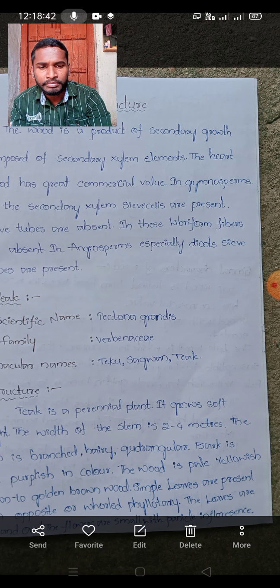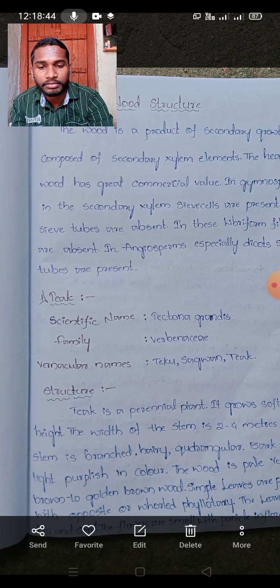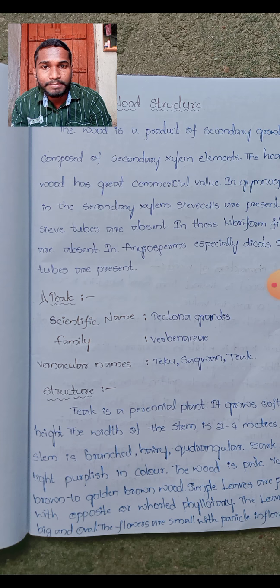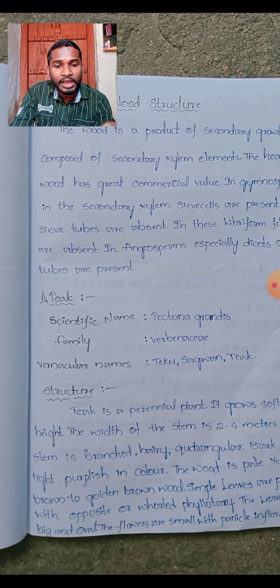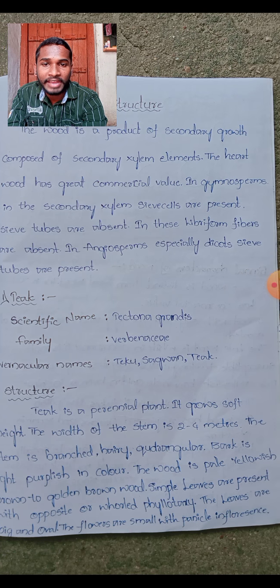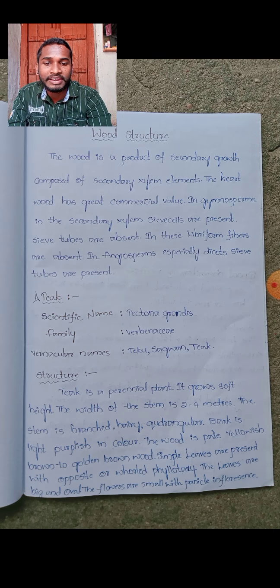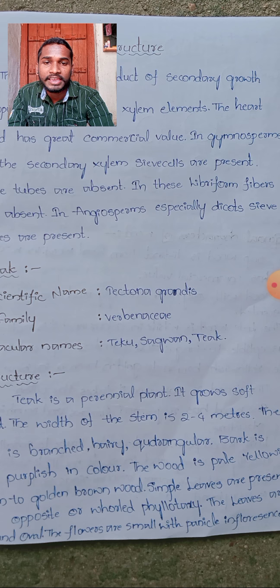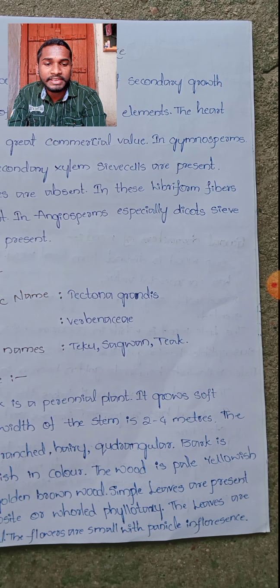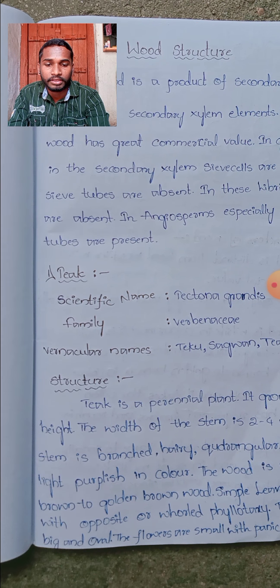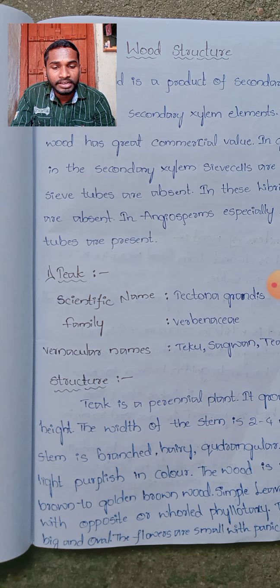Simple leaves are present. The leaves are with opposite and ovate phyllotaxy. The leaves are big and oval in shape.